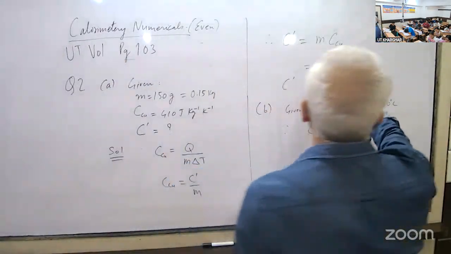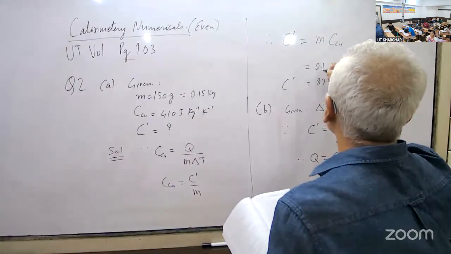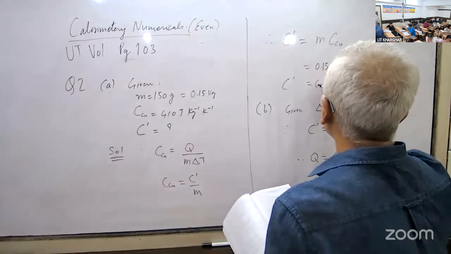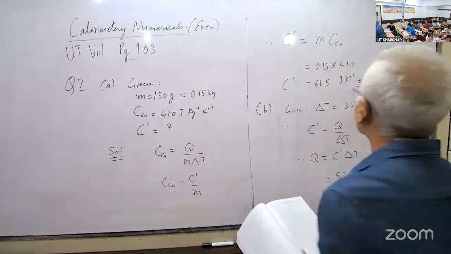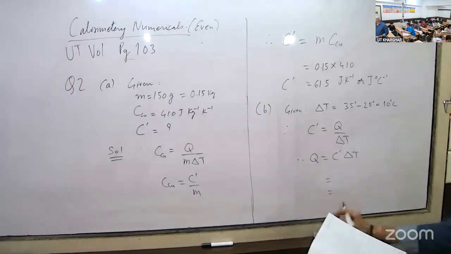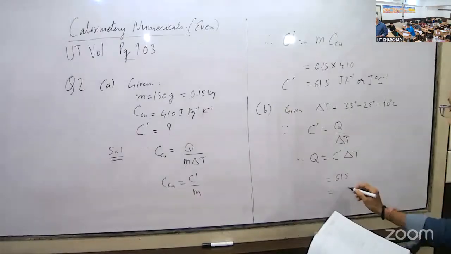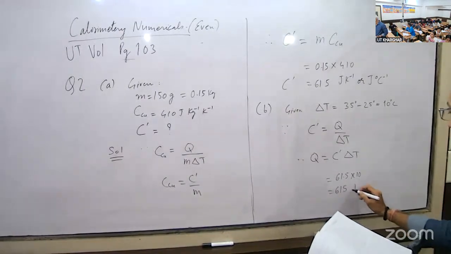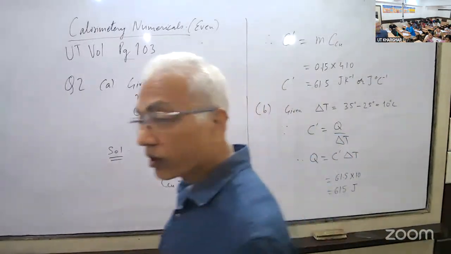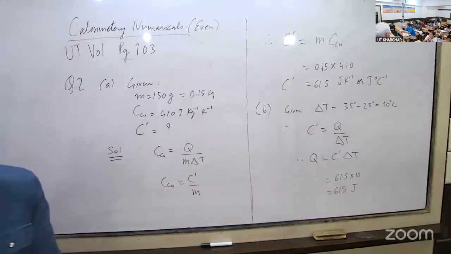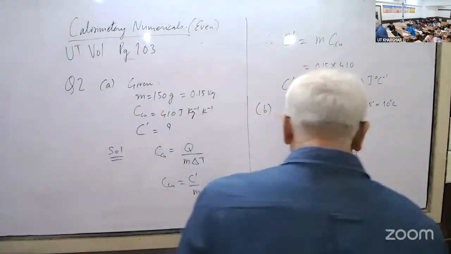So this becomes 0.15. So this will become 61.5. Okay, only the values might be different, the questions are exactly the same. Here also the events are arranged here. Okay. So next question.